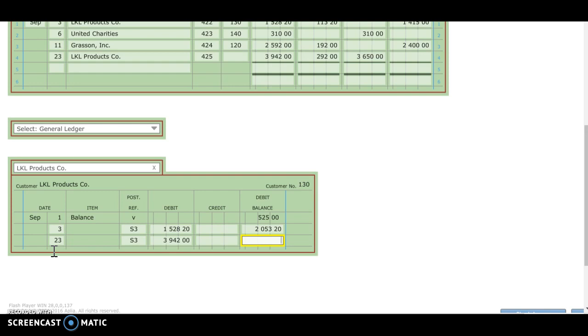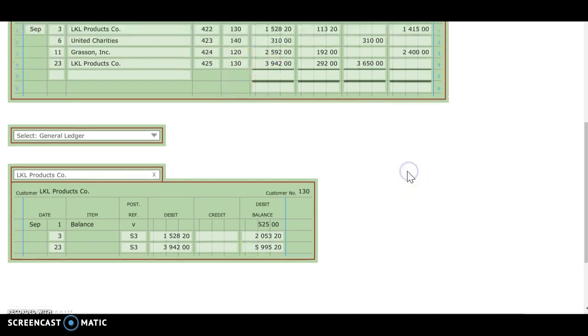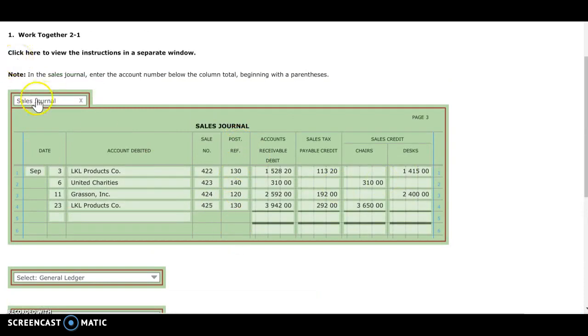Oops, I did that one wrong, sorry. Okay, so our balance is $5,995.20. And account number 130 goes back up. Okay, so my sales journal is posted individually.